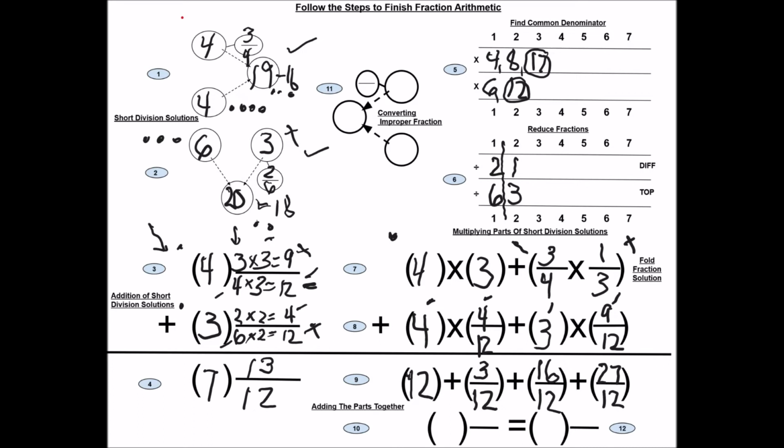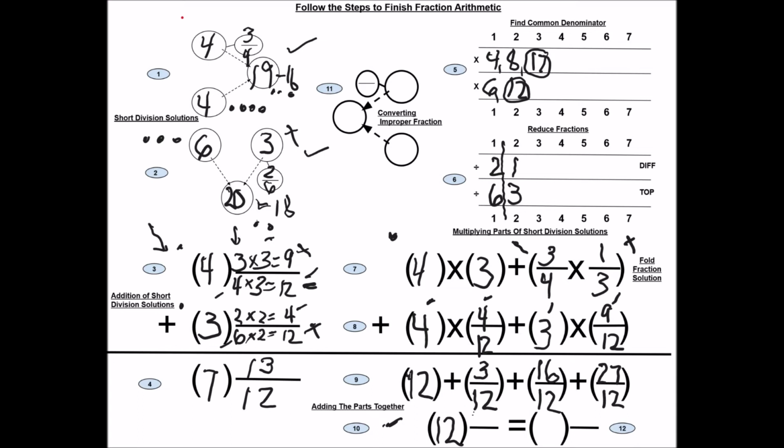Now we're ready to sum all of these together. And so again, we have the whole number part, which is 12. And then we have to add the numerators for the fractions, which already have a common denominator of 12. And so we have 3 plus 27 is 30, plus 16 is 46.